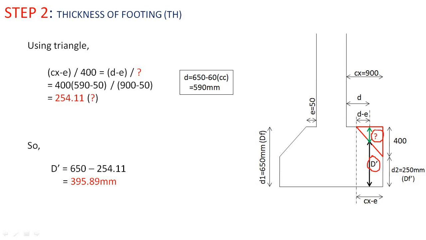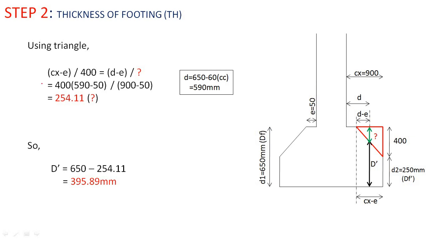So the main aim of this is to find the d dash, that is, at the distance of this d, what will be the vertical height, or we can say d1, capital D dash.